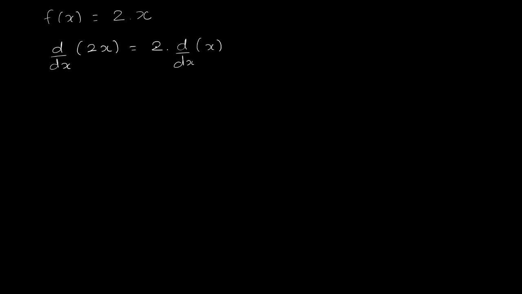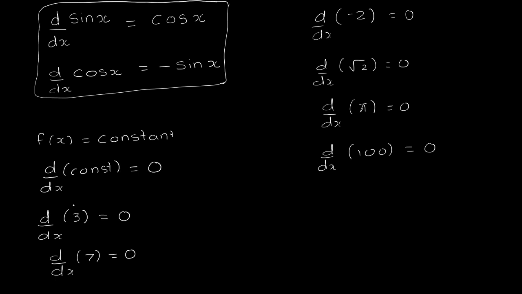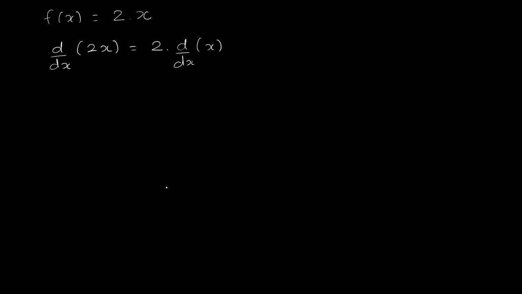Okay, so this is how you deal with these functions. If 2 or any constant is coming individually without any x term, then the derivative of that is directly 0. But if the constant is coming with any other function of x, then for finding the derivative, you take out that constant outside and you differentiate the remaining function. This is how we deal with this.